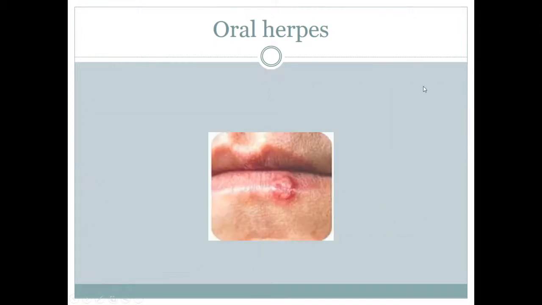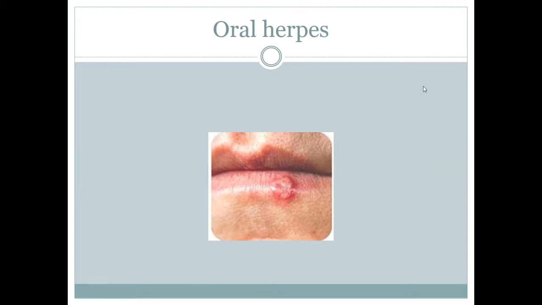So here's a picture of a fever blister. Small blisters that form around the lips. The herpes simplex virus lives on the trigeminal nerve, which is the major nerve that serves the face, and one of its branches goes to the mouth. And so this virus experiences latency, it remains dormant, and then at various points can become triggered.